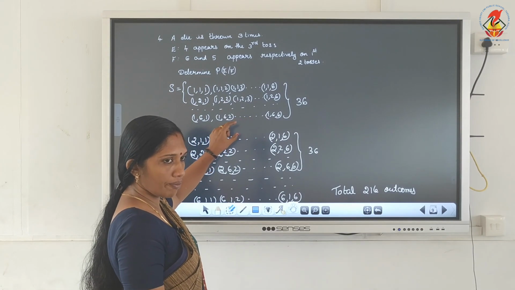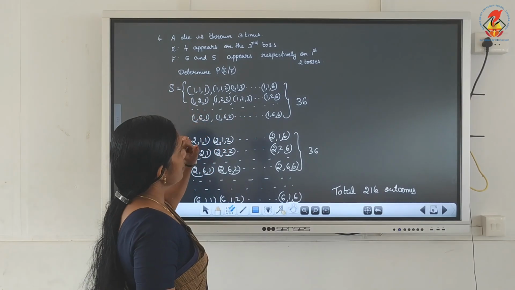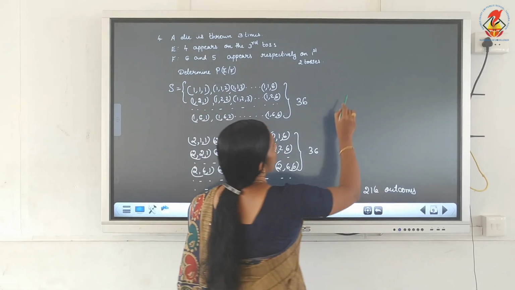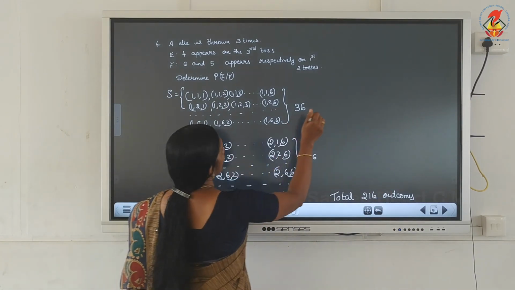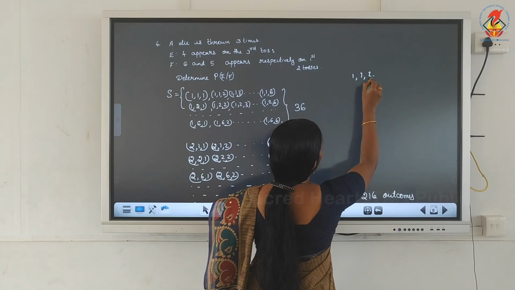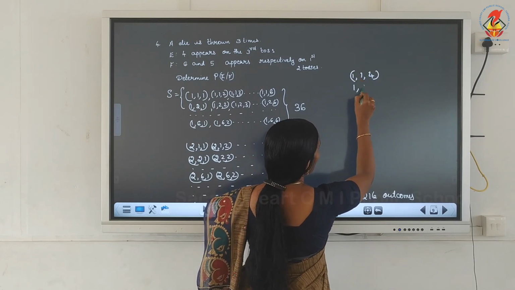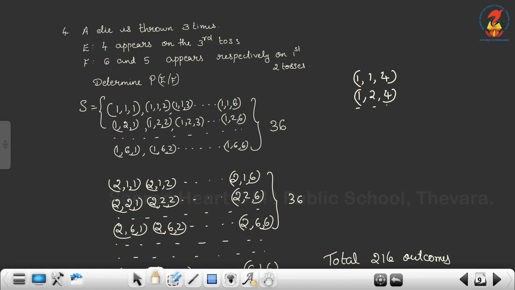So just check it. 4 appears on the third toss. So 1, 1, 4, that is in the first row. Then 1, 2, 4; 1, 3, 4, like that 1, 6, 4 in the last.